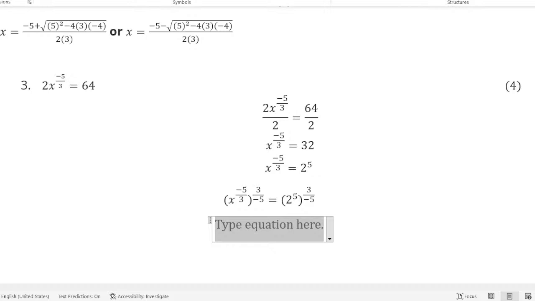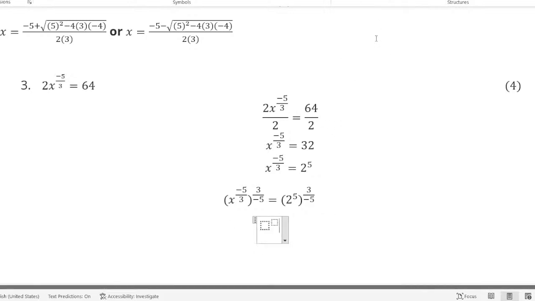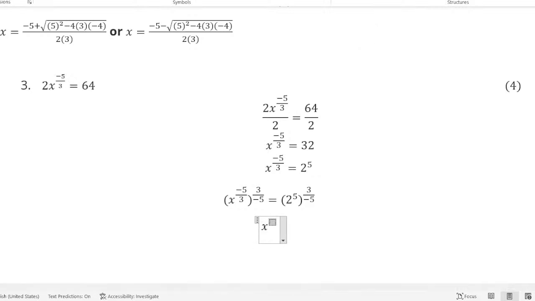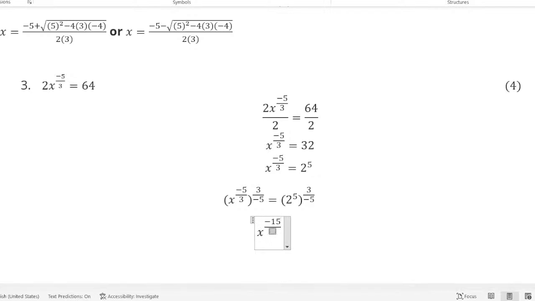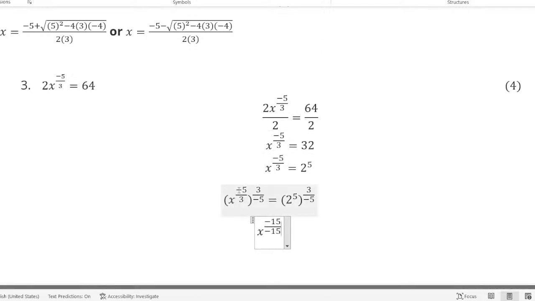So here we'll have x to the power negative 15 over negative 15, right? Remember we said negative 5 times positive 3 is negative 15, then positive 3 multiplied by negative 5 is negative 15.